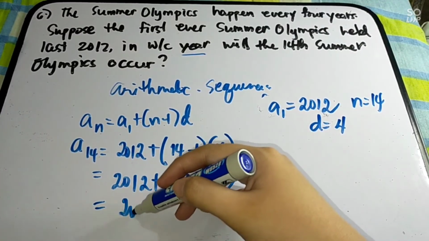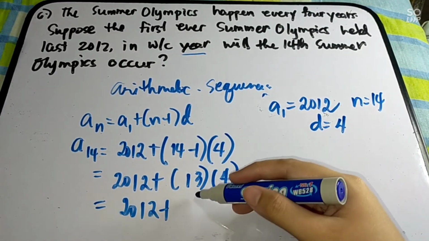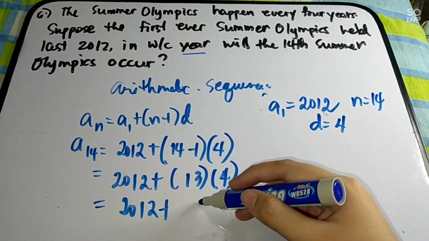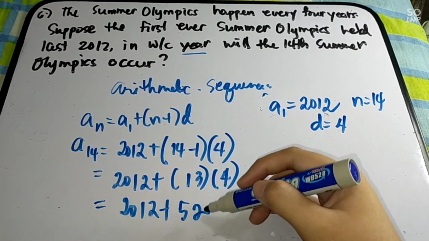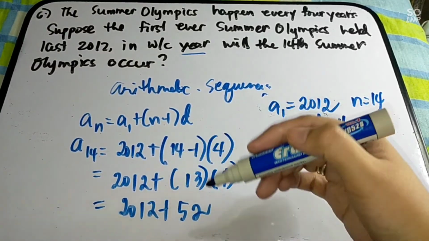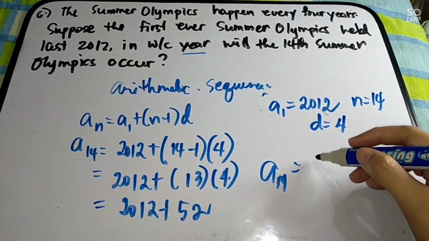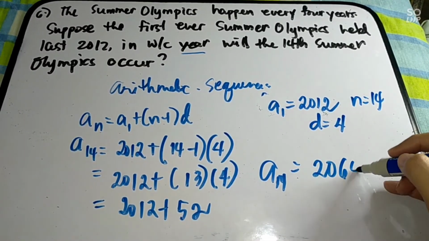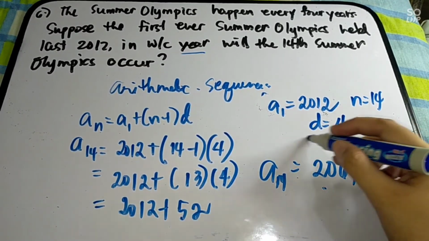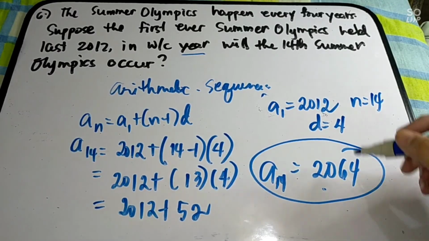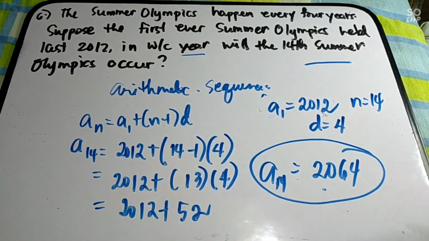Then, we have here 2012 plus 13 times 4, the answer is 52. Then, just add 2012 plus 52, therefore, a sub 14 is equal to 2064. So, in the year 2064, magaganap ang pang 14th Summer Olympics.